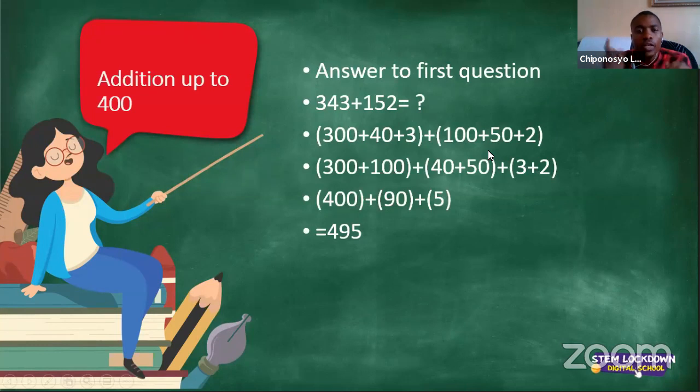Right. First answer to the first question. I had 300 plus 40 plus 3, and 100 plus 50 plus 2, right? I split everything out, I break everything up.